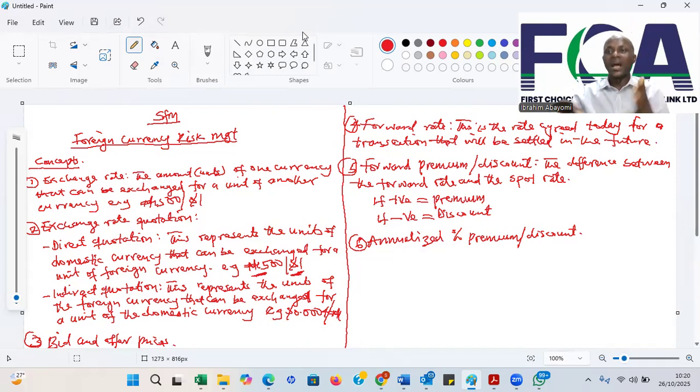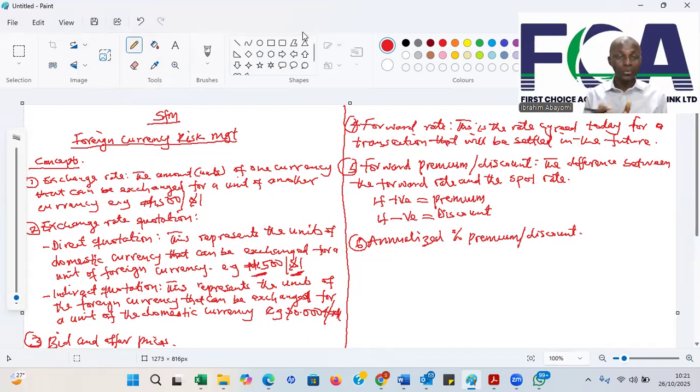So we want to see annualized. You know, exchange rate is quoted for different periods. We can have exchange rate quoted for 1 month. In fact, you can even have exchange rate quoted for 1 day, 1 week, 2 weeks, 3 months, 4 months, 6 months, 9 months, and so on and so forth.